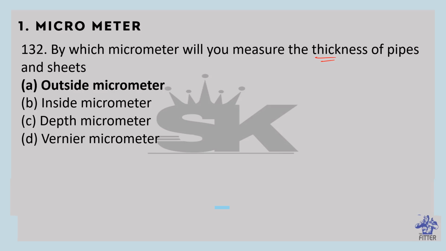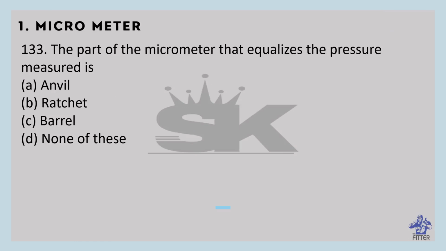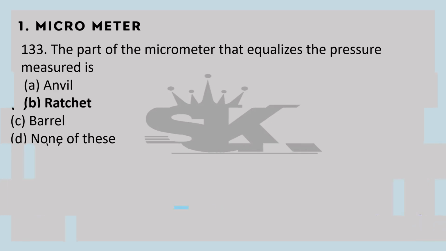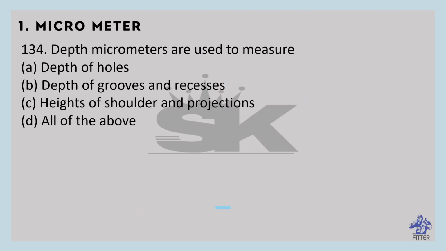The part of the micrometer that equalizes the pressure measured is the ratchet. We all know that. Depth micrometers are used to measure: all of the above. It can measure the depth of holes, depth of grooves and recesses, heights of shoulders, and projections.